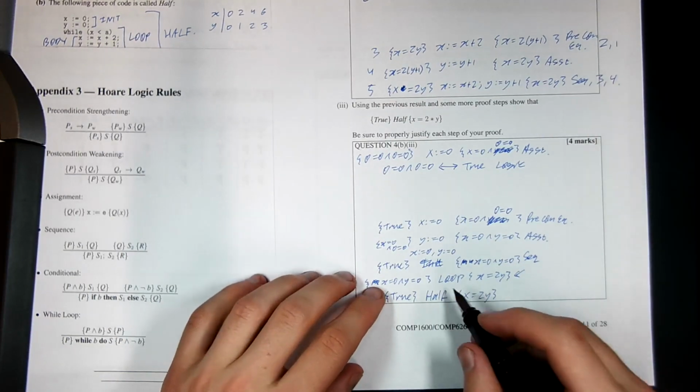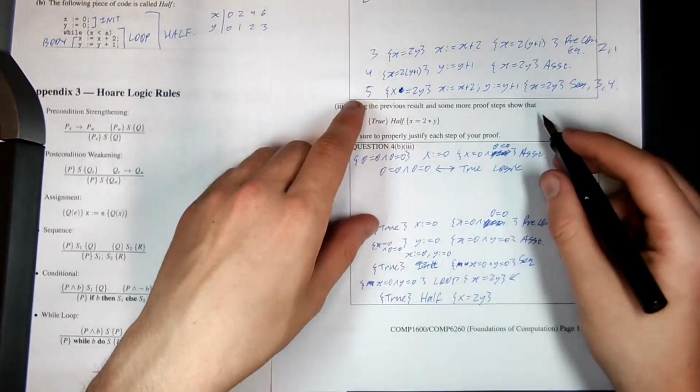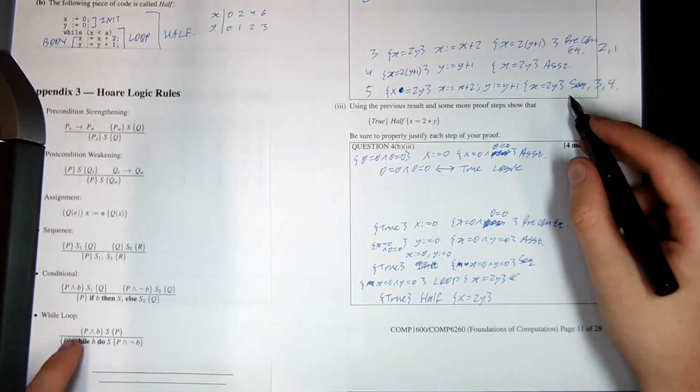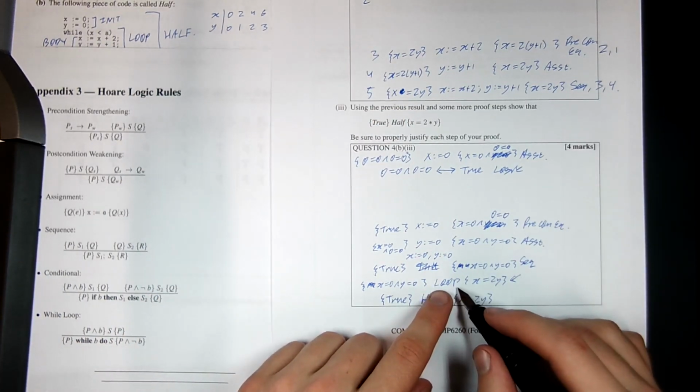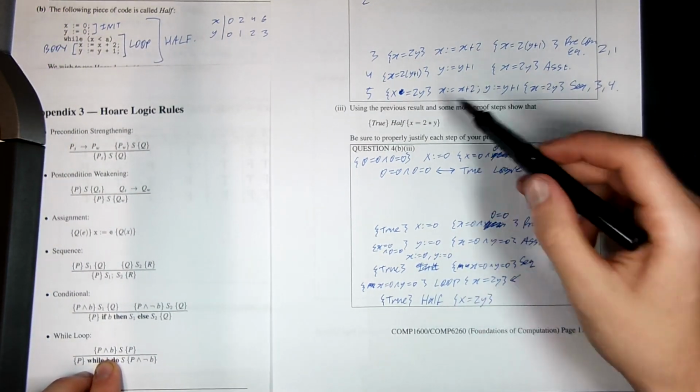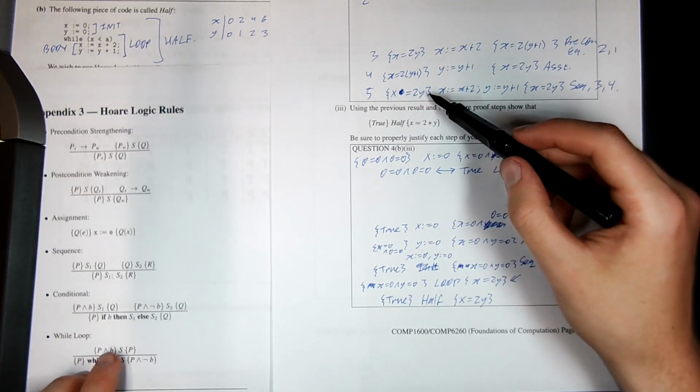What am I doing? So we can take this statement here, and so if we want to get this, that's going to have a loop in it. That's going to have a while statement in it. How do we get whiles? We have to have p and b. So I don't want this. I want this with b in it as well.